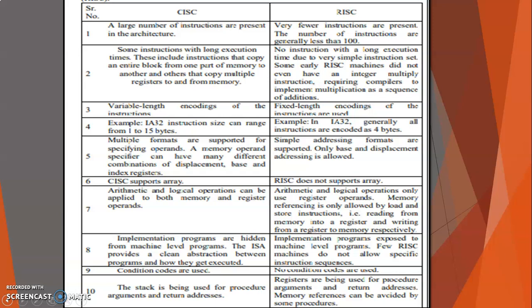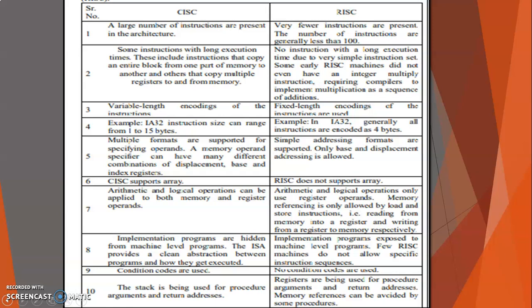CISC: arithmetic and logical operations can be applied to both memory and register operands. In RISC, arithmetic and logical operations only use register operands. Memory referencing is only allowed by load and store instructions, that is, reading from memory into a register and writing from a register to memory respectively.